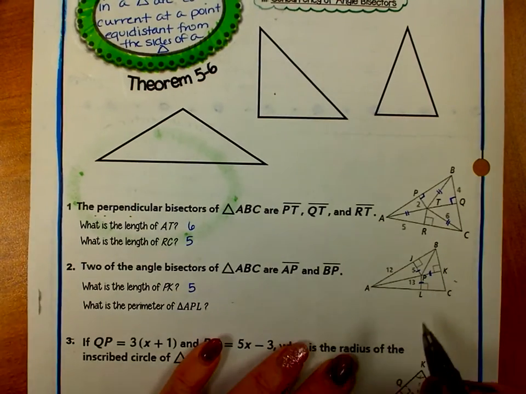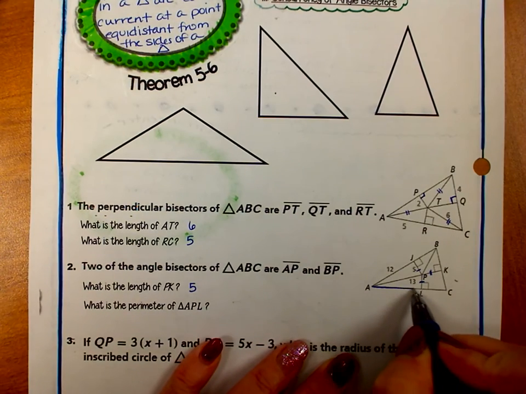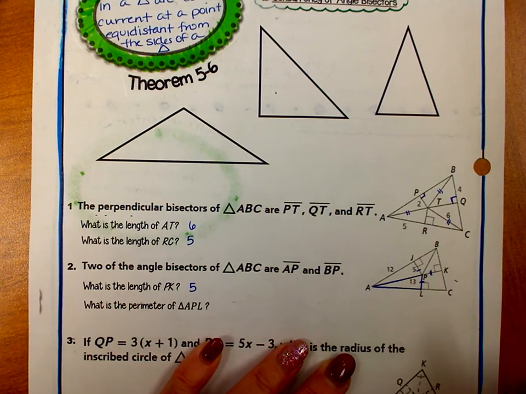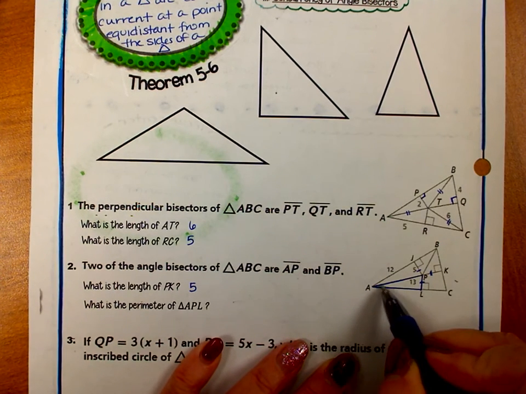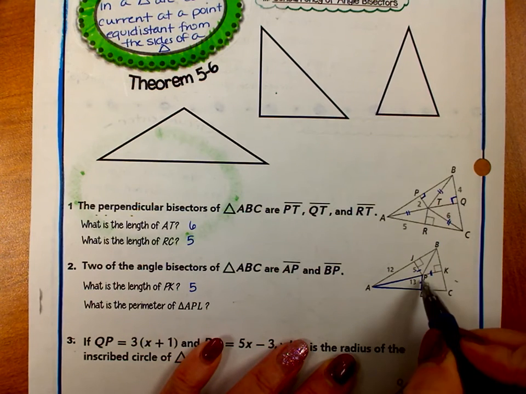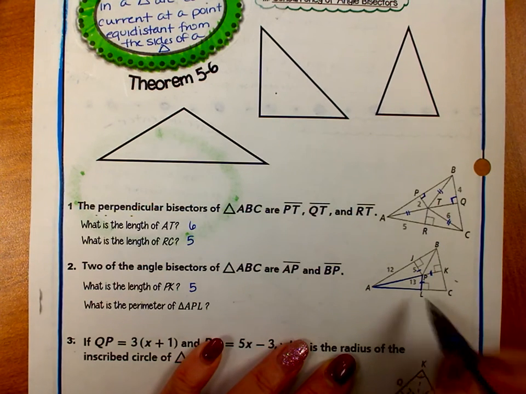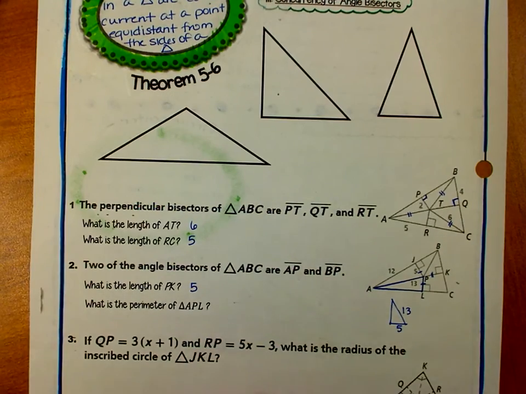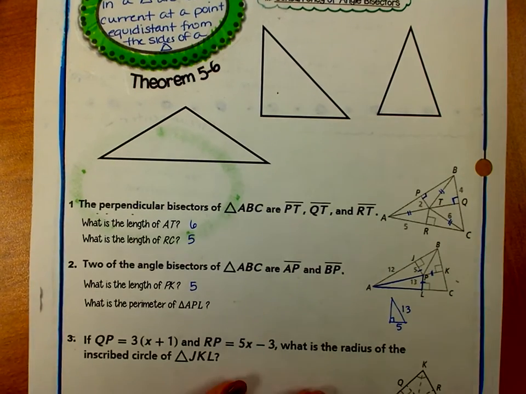Okay, perimeter of APL. So here's our triangle right here. I know that this hypotenuse is 13, and I know the shorter leg is 5, so we're kind of looking at something like this. So 13 and 5, and this is a right triangle, which means I can use Pythag.